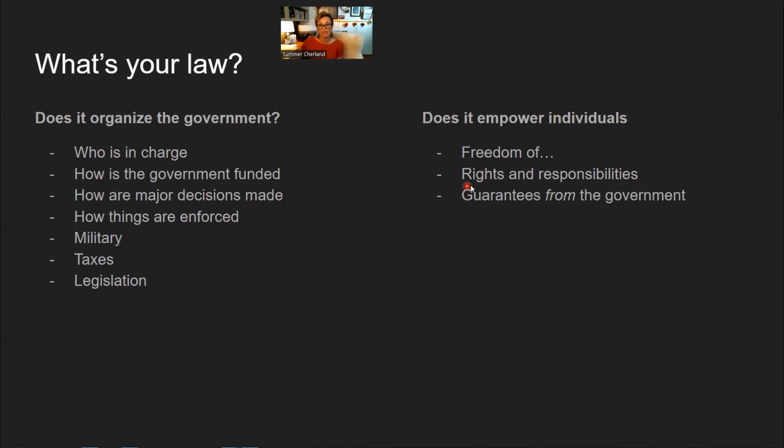If you identified the rights and responsibilities of individuals or guarantees from the government, a way that individuals could protect themselves from the governing or ruling body, you would not have fit in with the Articles of Confederation writers, but you're in a good majority, because like 95% of my students tend to write laws that emphasize this column over here. And that's just because of the way Americans function now in the 21st century.